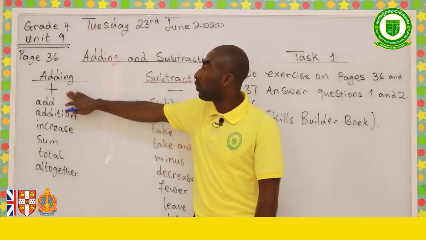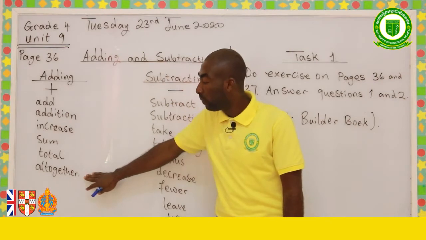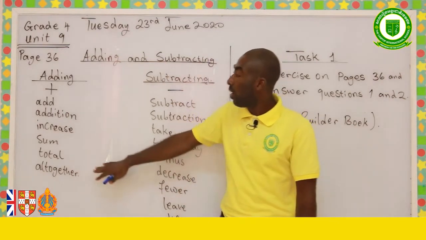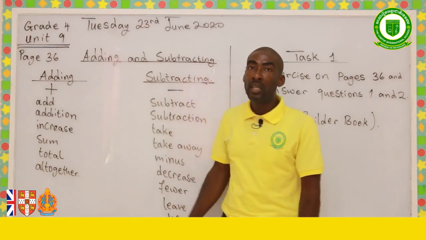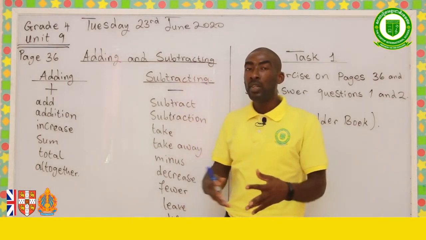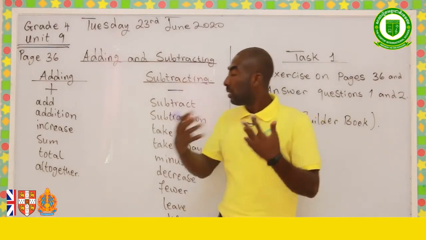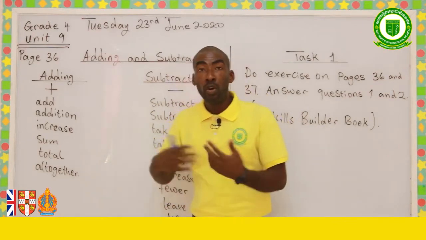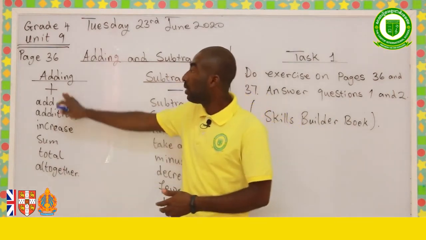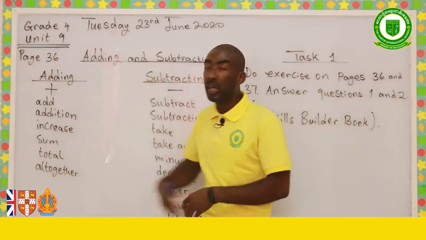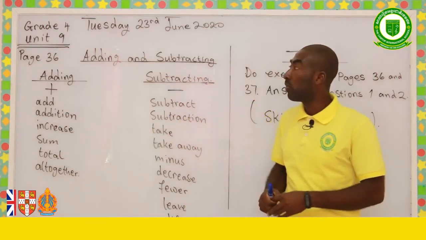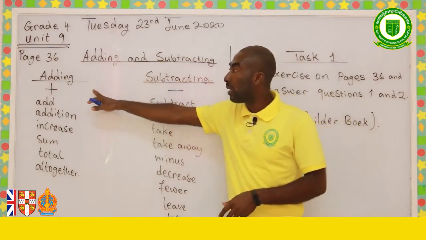It means you are dealing with the plus sign. Altogether also means the plus sign. You have this and that, and you are supposed to find the final answer when you put them all together. These are words you have to take serious note of when it comes to adding.